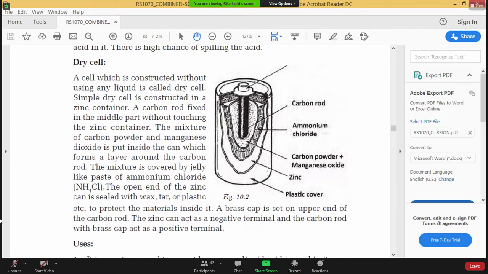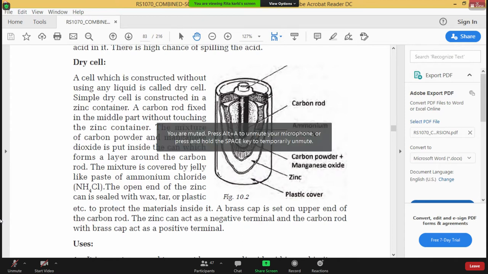Inside the zinc container, we can find several types of chemicals, which undergo chemical reactions and release electricity whenever the positive and negative terminals of the cell come in contact with each other through varieties of means.